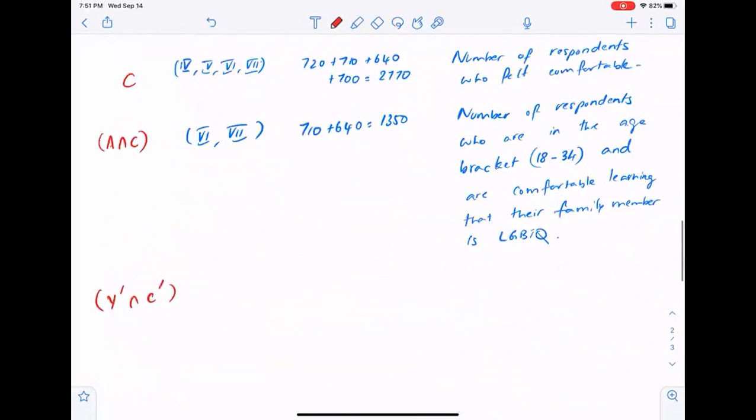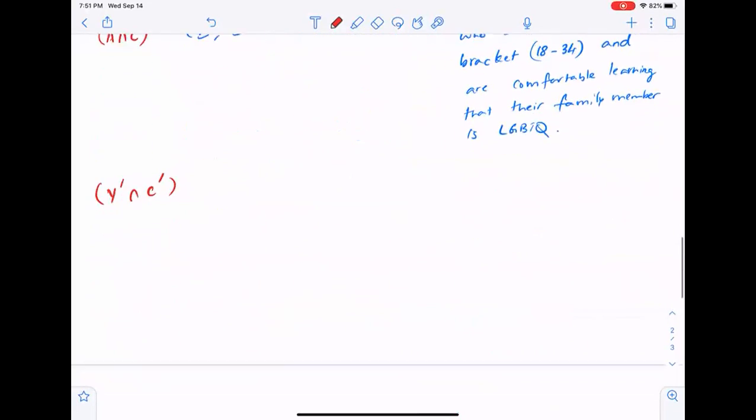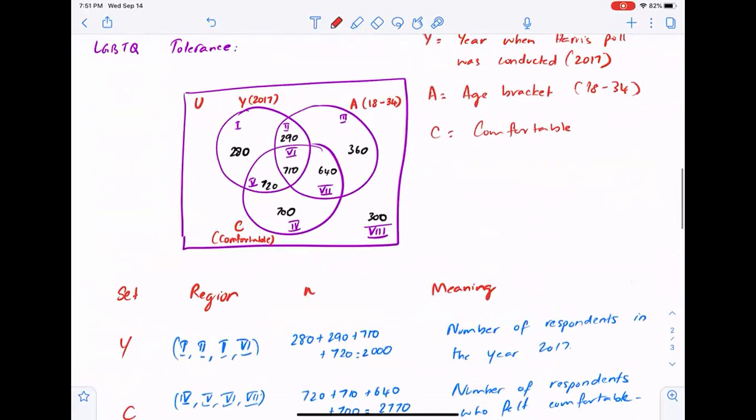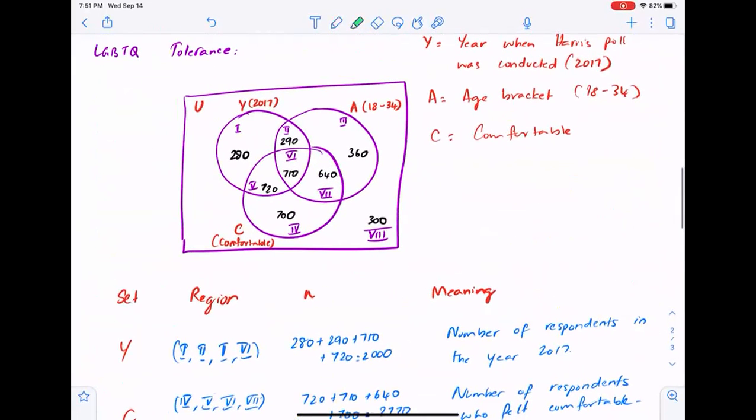We are trying to find Y complement intersect C complement. So Y complement would mean everything that is not Y. So all of that, it's just a rough sketch.